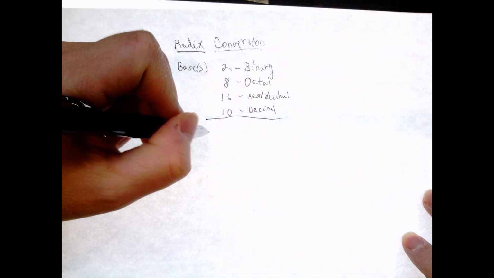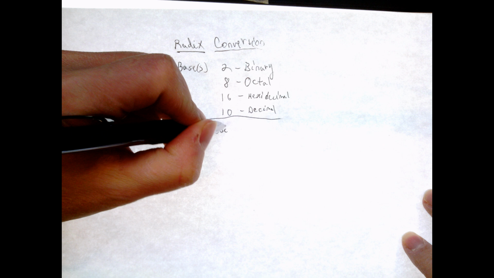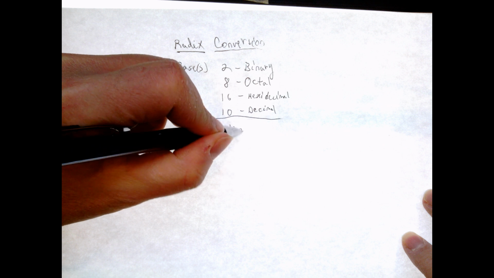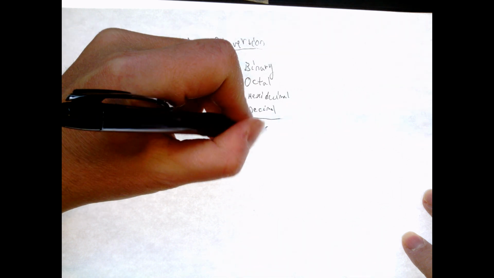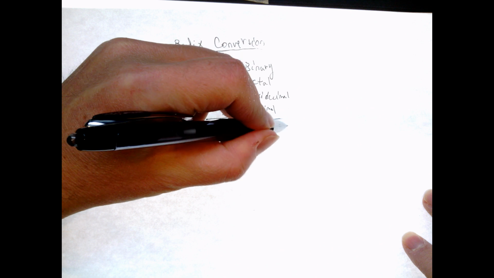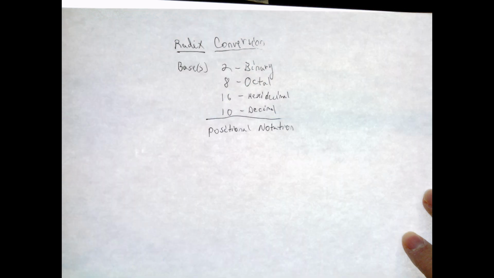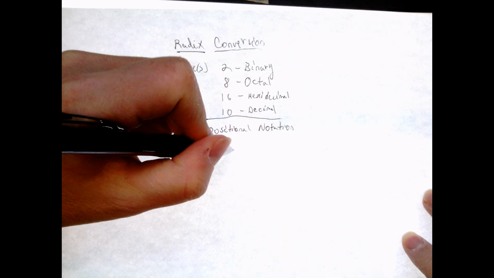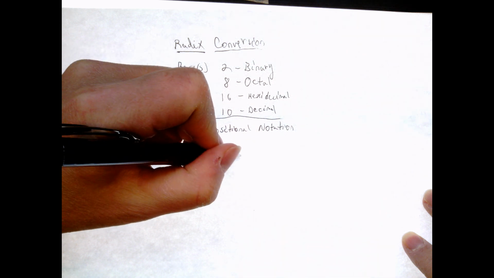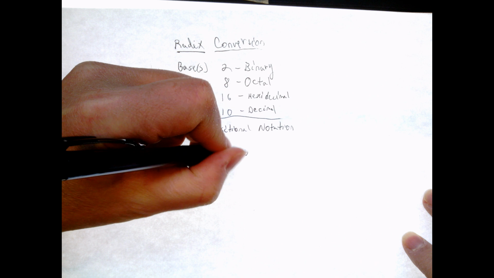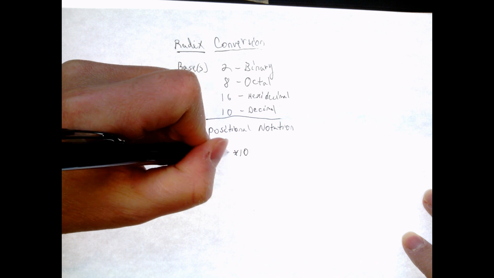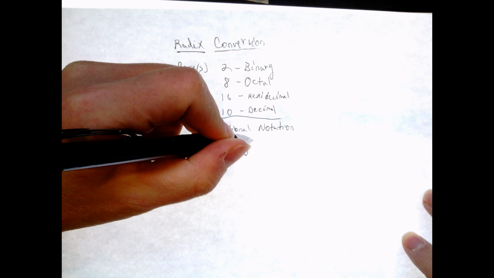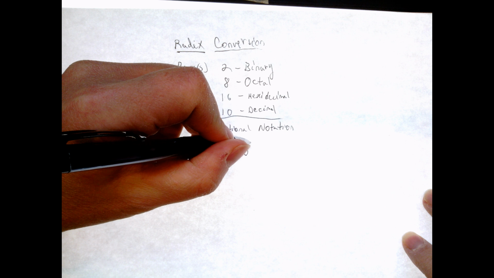And we start with a thing called positional notation. In positional notation, what we do is we write down the base, its coefficient, and then its exponent.